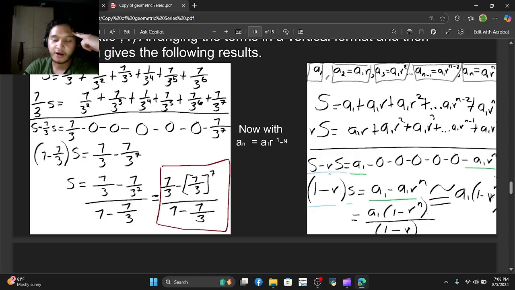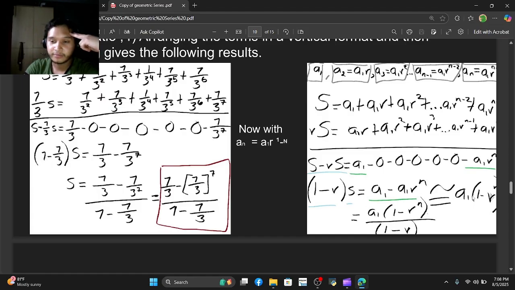So we have S minus rS. The only numbers that remain are the first term and the last term. This is just the same as this one. We group, we divide, and we get this.